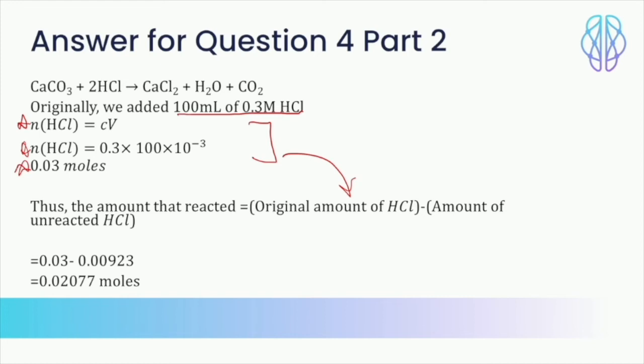The amount of unreacted HCl is what I found in the previous slide using the titration, 0.00923 moles. I may be repeating myself, but it's really important that you understand what you're doing. Subtracting the two, you get 0.02077 moles. That is exactly the amount of moles of HCl that reacted with calcium carbonate.